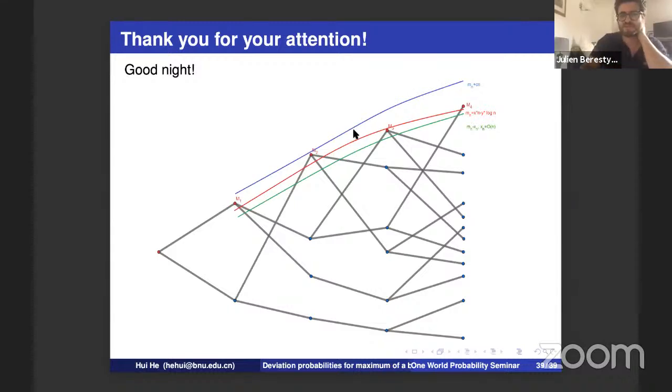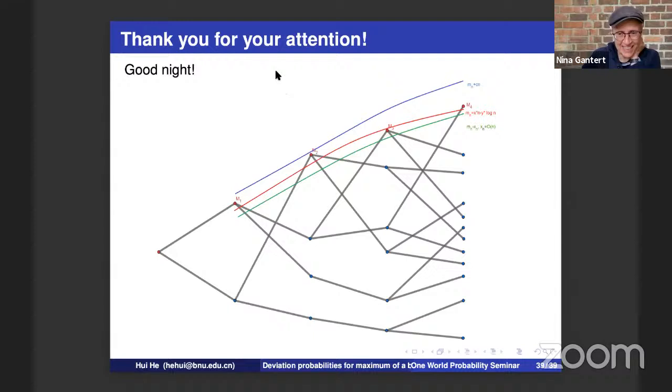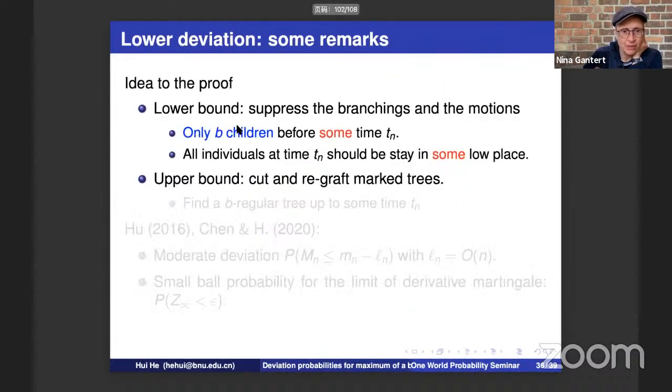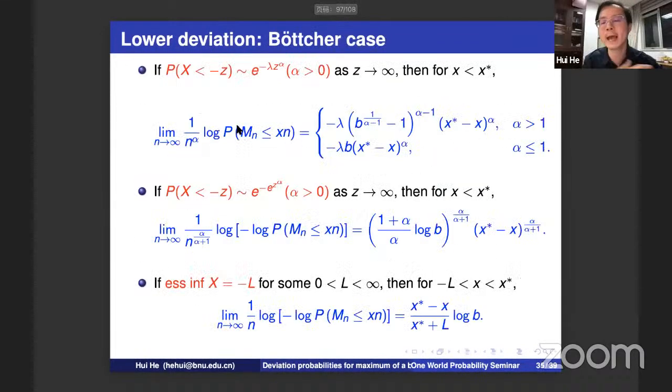So are there any questions? So I have a question about these three cases, right? My impression is that your method of proof more or less goes through for any tails. Right, the idea could be applied to any tails.